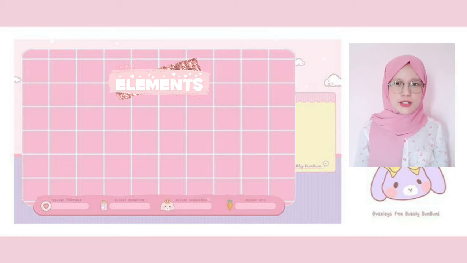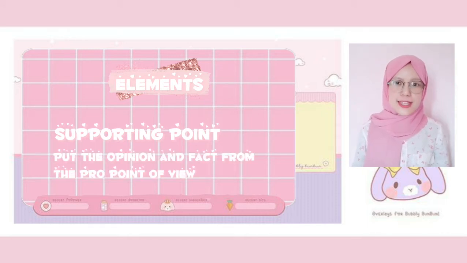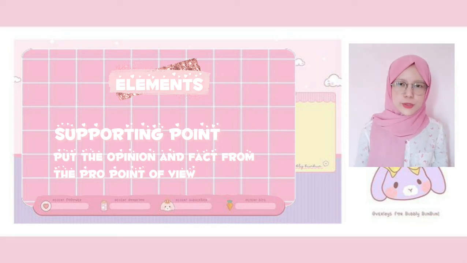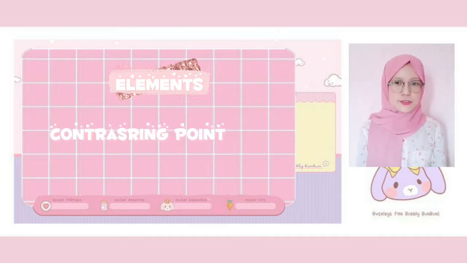Second, we will talk about supporting point. After we talk about the issue, now we can put the opinion and the fact from the pro point of view in the second paragraph. Third, contrasting point.